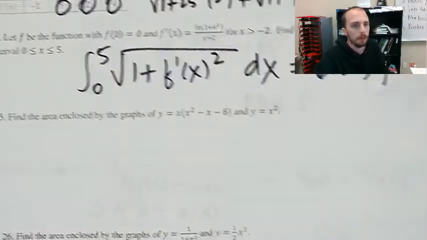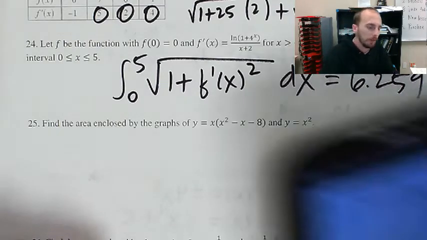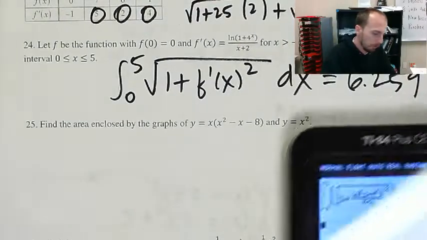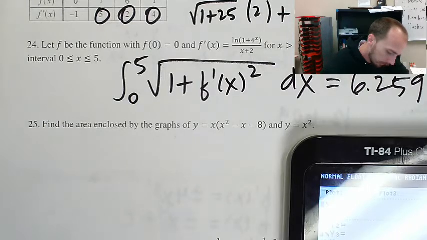All right. Find the area enclosed by the graphs of that and x squared minus x minus 8. I'm missing something here. Let's do this one with a calculator. Okay, I've been working this problem set for quite a while now, and I think I'm ready to be done with it. So x to the third minus x squared minus 8x and x squared.